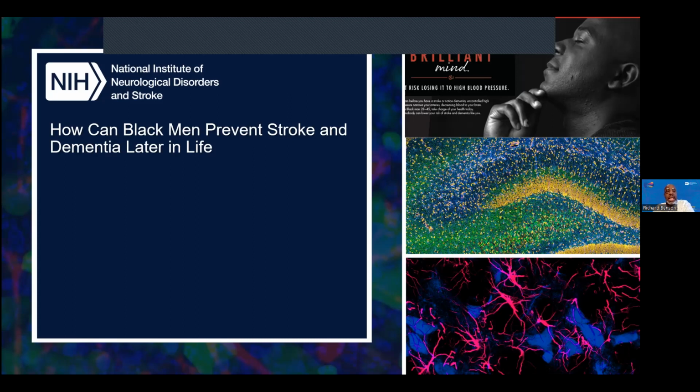But the study had a sub-study called SPRINT MIND that found that people who had uncontrolled high blood pressure in midlife, and we designate midlife as 28 to 45, had higher rates of cognitive impairment later in life and dementia. And because of the high rates of hypertension, 1 in every 3 adults and 1 in every 2 African-American adults have high blood pressure.